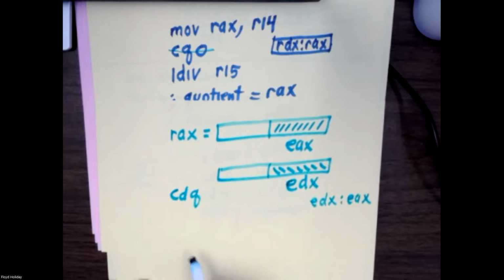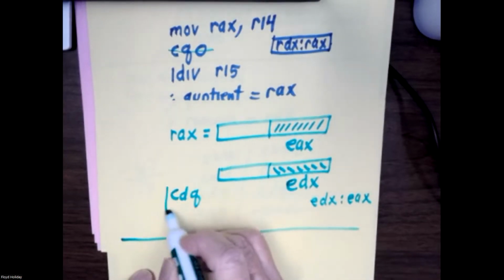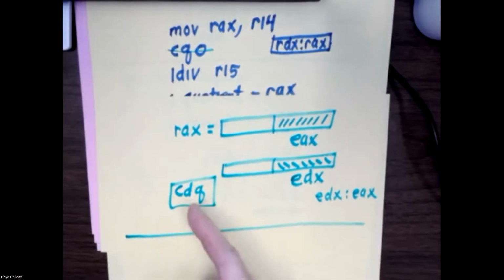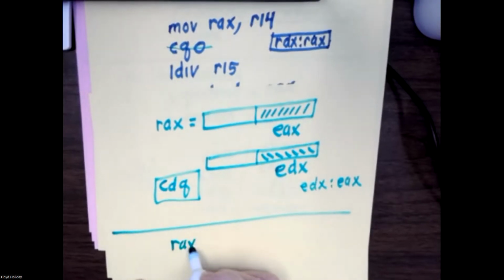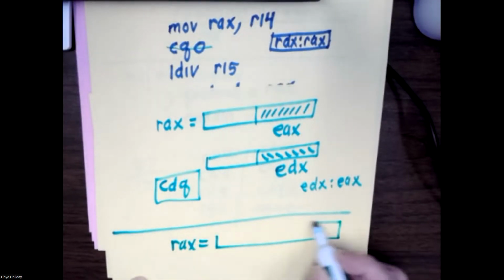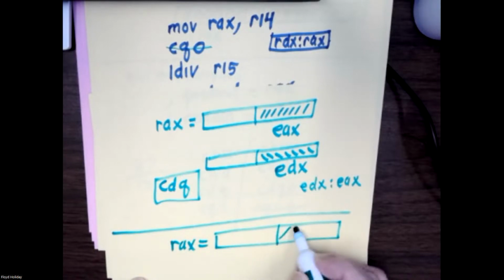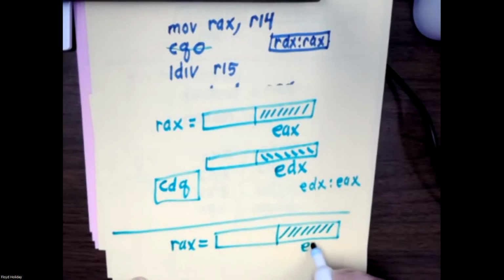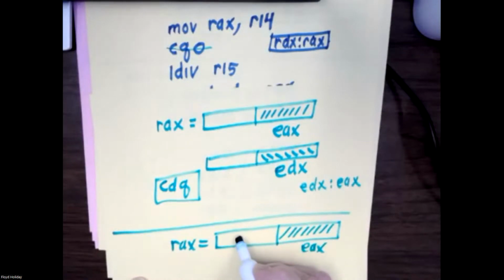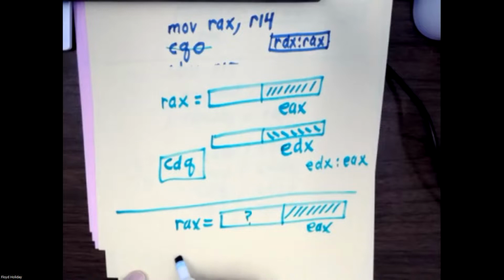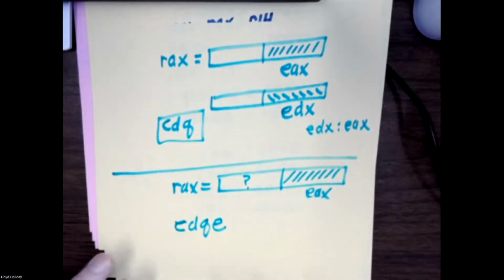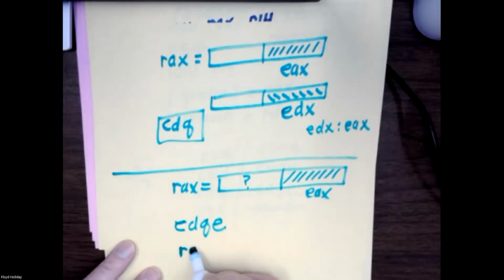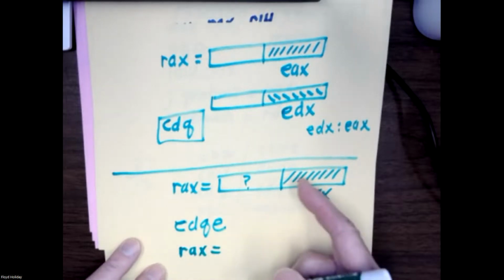Now that's what happens when you use this. Now the question is, what about CDQ with an E on the end? Here's the answer. RAX starts off with this. There's a number here, EAX. And then there's unknown junk here. And then you issue the command CDQE. This doesn't involve RDX anymore. RAX expands within itself.